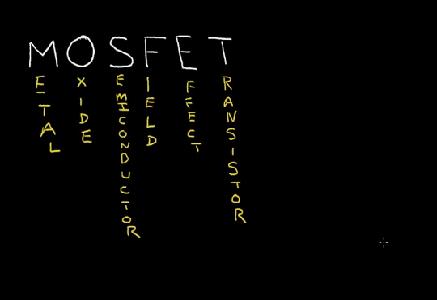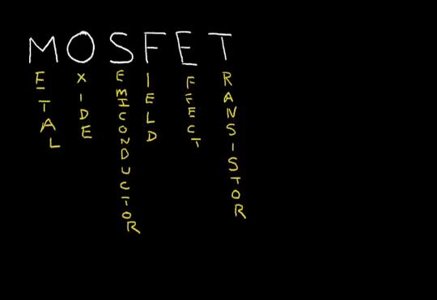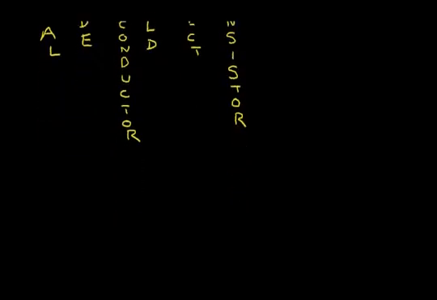So this funny name, MOSFET, stands for metal oxide semiconductor field effect transistor. So let's understand a little bit about what that means. Let's understand the MOS part, and that refers to how the transistor is constructed.